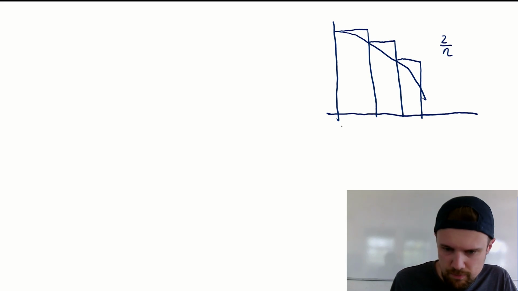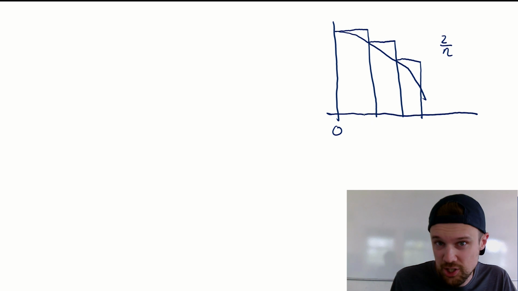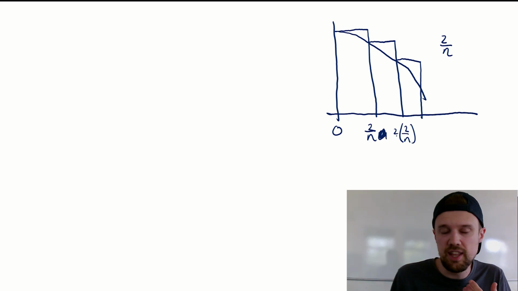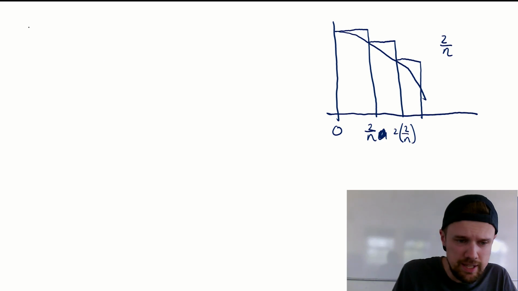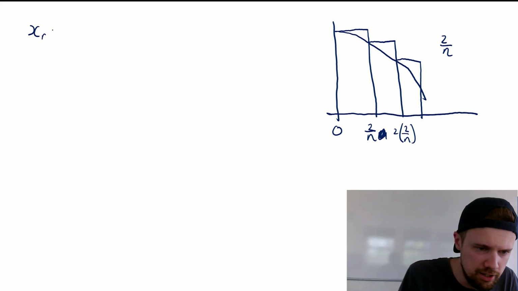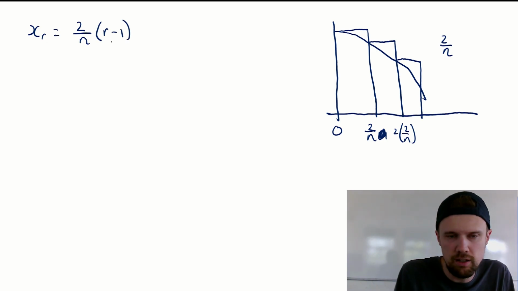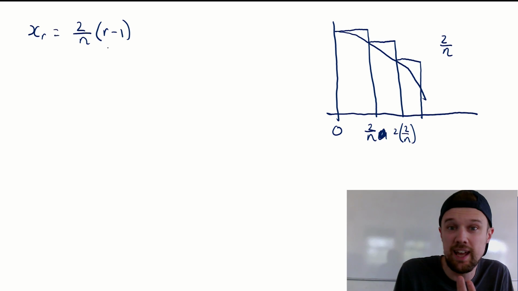But interestingly, the first rectangle, the x-coordinate we want is 0. The next one we want is 2 over n. 2 lots of 2 over n, etc., etc. And so that's important because it means this time the x-coordinates are a bit more fiddly. This time it's going to be 2 over n lots of (r minus 1), because then x1 will be 1 take away 1, lots of 2 over n, hence 0.